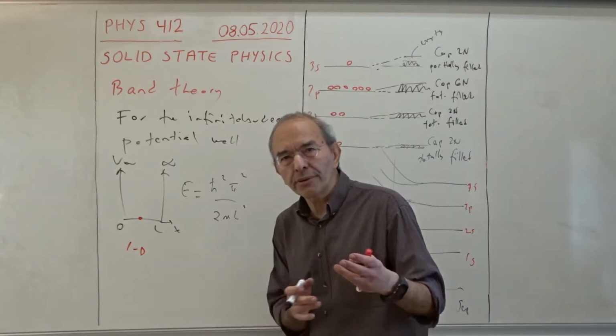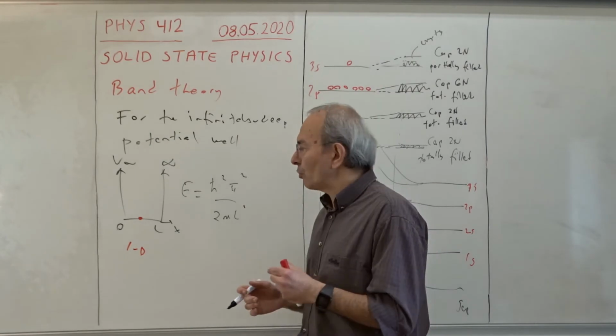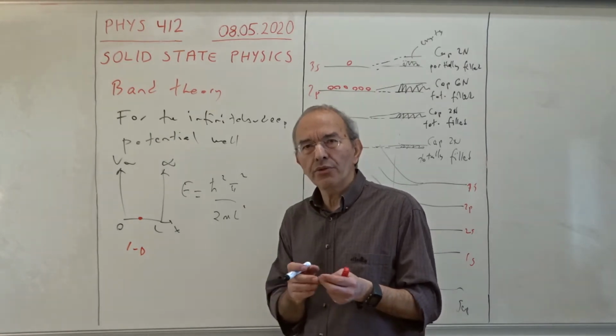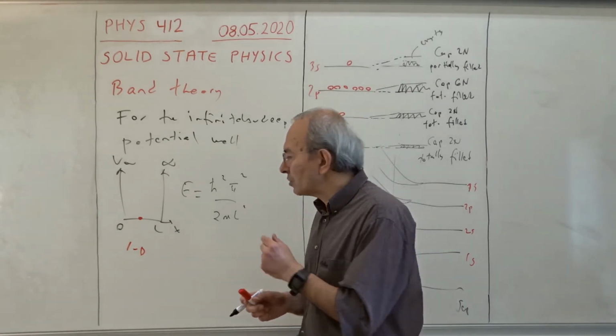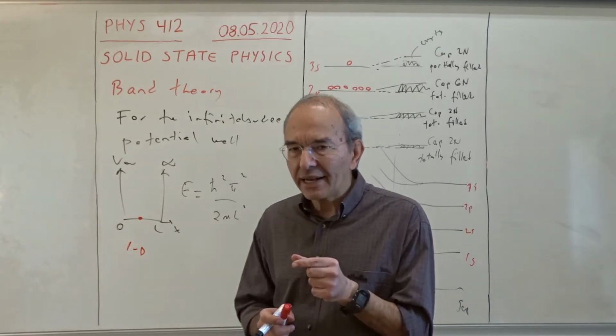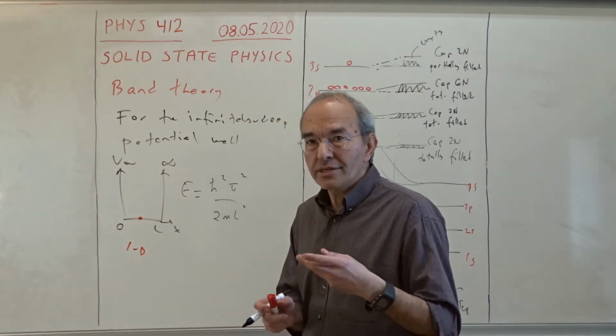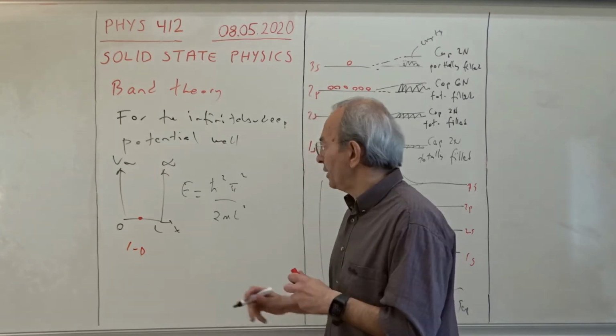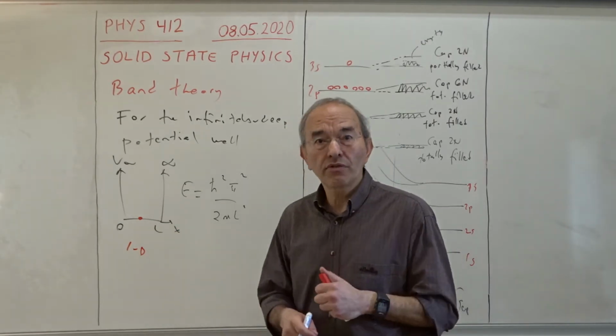If you talk about a crystal, L is on the order of maybe centimeters. If you consider only an electron in an atom, it is on the order of some angstroms, nanometers, etc. So it's a relatively small value.